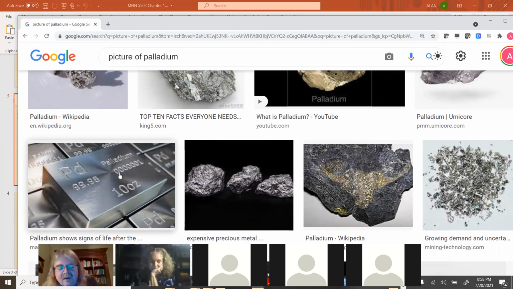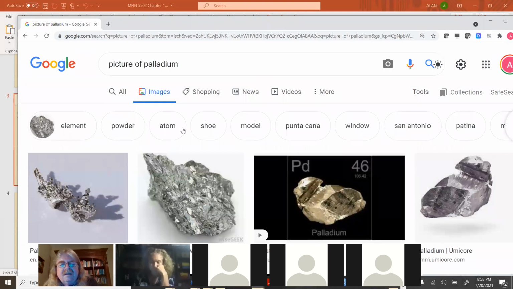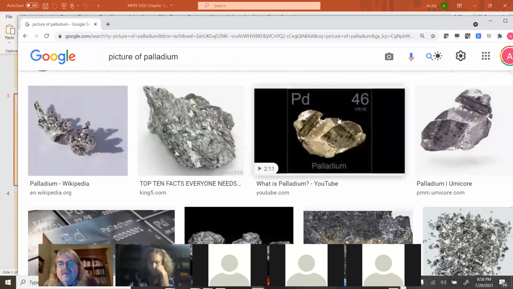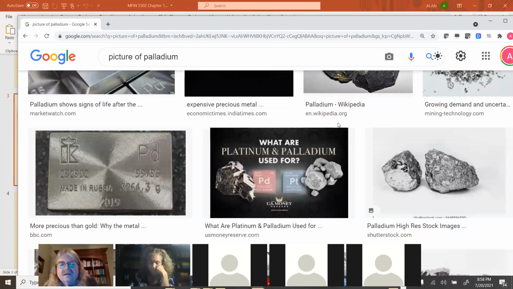Does everyone remember the periodic table of the elements? That's right. Some of them are quite surprising. For example, you might recall that the atomic symbol for gold is AU, if you can believe it, and silver is AG, if I remember correctly. PD for palladium, platinum, I'm not sure, but, oh, no, that's the palladium.